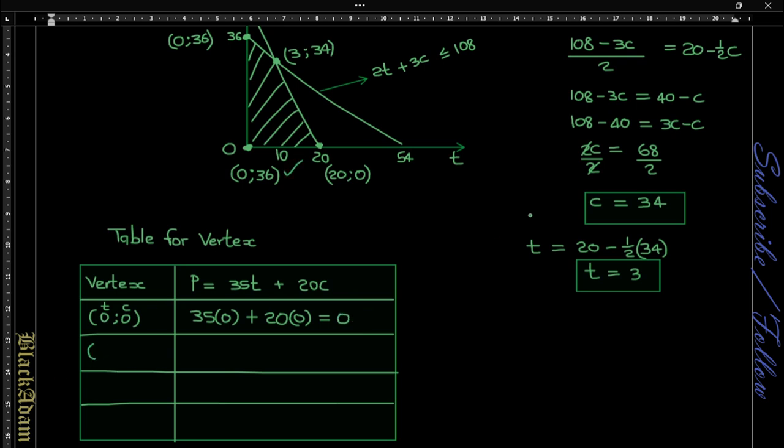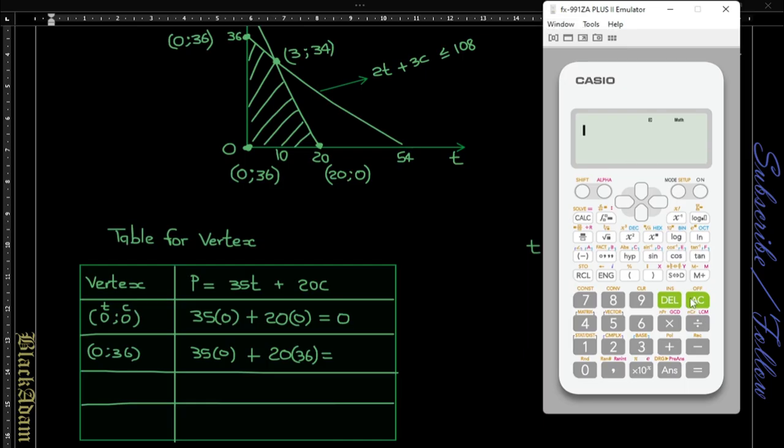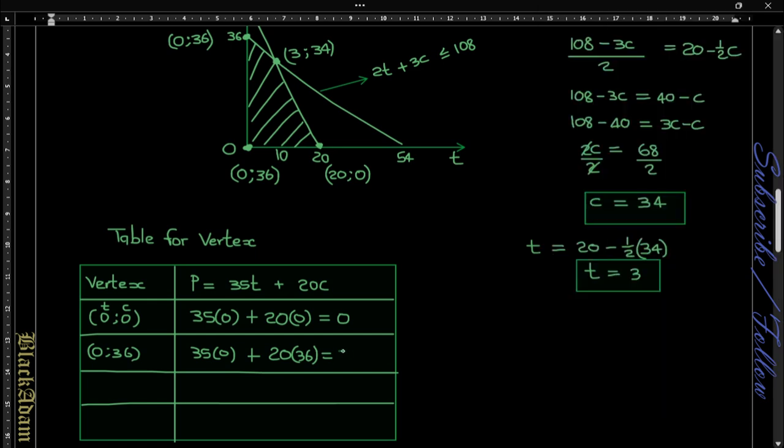Suppose we take 0 tables and 36 chairs. We have 35 times 0 plus 20 times 36. Let's do the maths: 20 times 36 is 720. So we write our 720 value there.